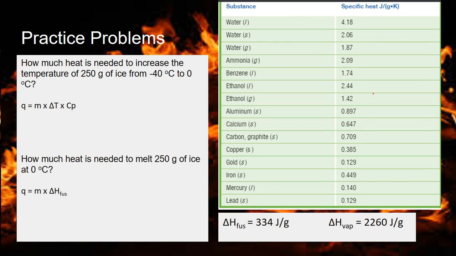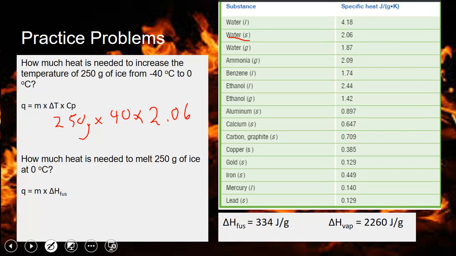So that's the equation we use for that part of the graph. Our change in temperature from negative 40 to 0 is 40 degrees. We have 250 grams. We're multiplying it by a 40-degree change in temperature. And our specific heat for solid water is this one here, 2.06.